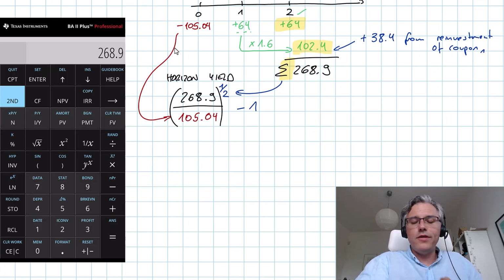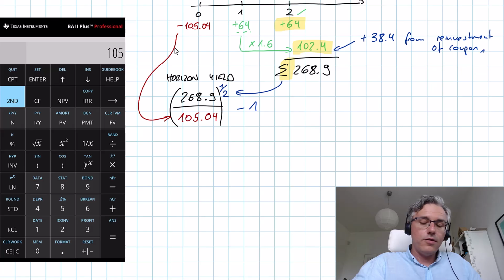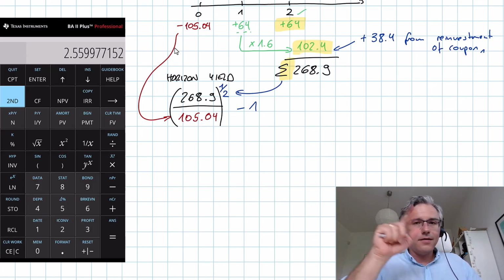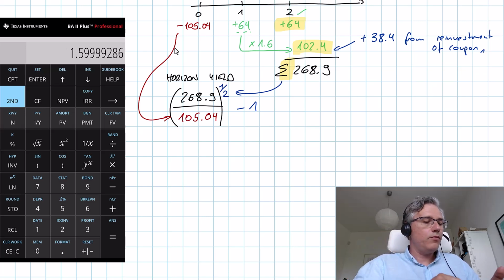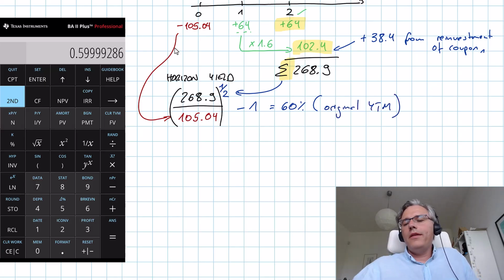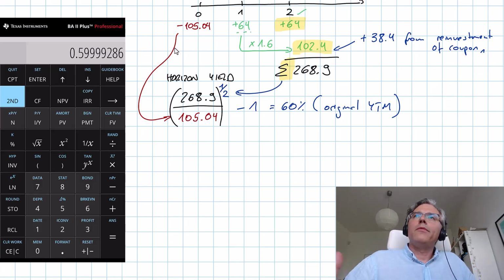So I've got the 268.9 on my calculator. I'm going to divide by 105.04, equals, now either raise this to the power of 0.5 or simply press the square root button, minus 1, and as you can see we get very close, really very close to 60%, which is our original YTM. And this simply proves the point that we were making in the previous video.